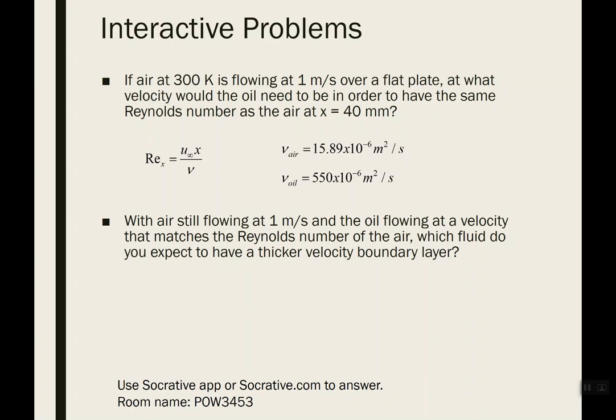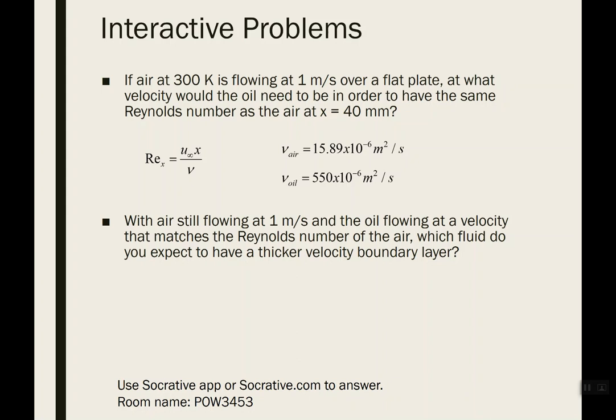Okay, so now let's look at solving an interactive problem. If air at 300 Kelvin is flowing at 1 meter per second over a flat plate, at what velocity would the oil need to be in order to have the same Reynolds number as the air?